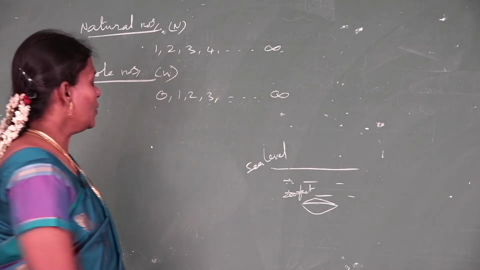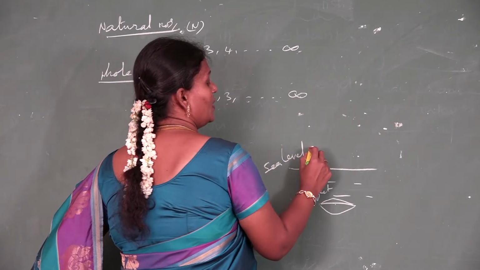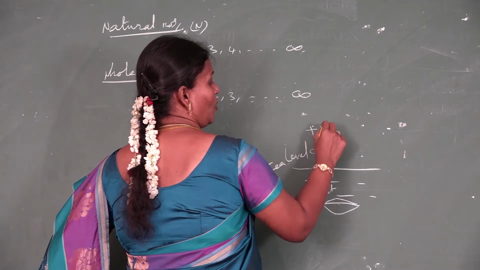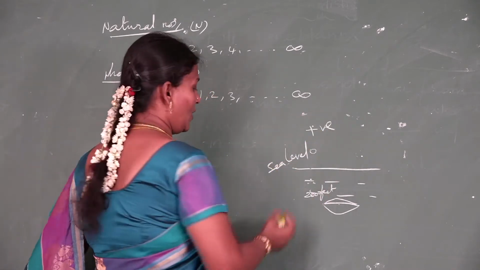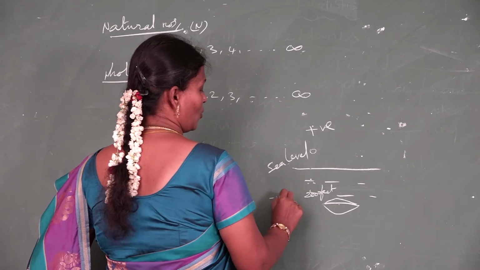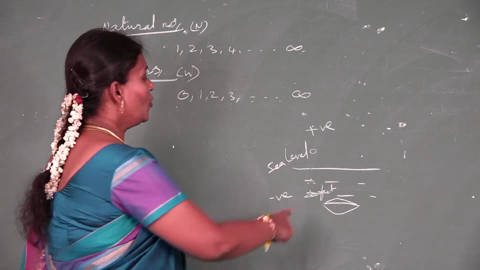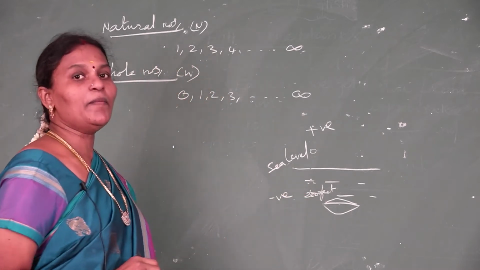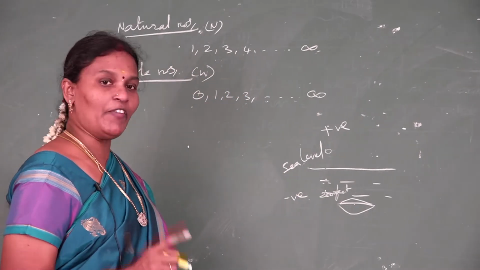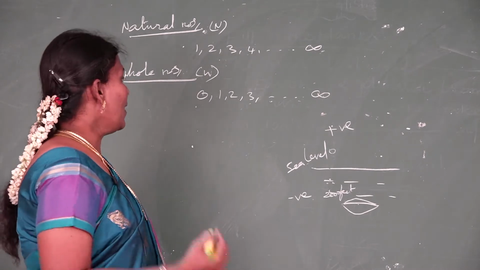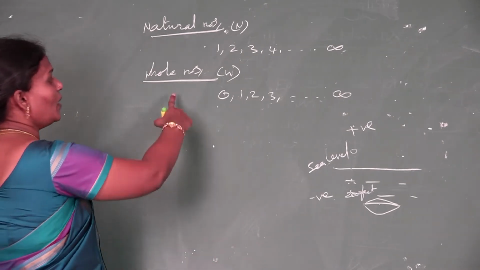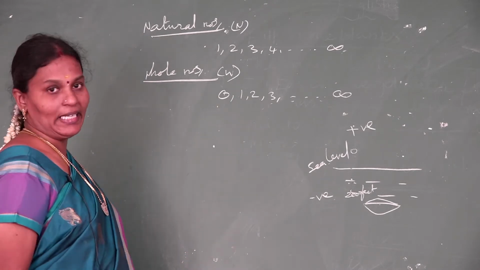Okay? So, the sea level you consider 0. Above the sea level you consider positive. Below the sea level you consider negative. So, 200 feet below the sea level you write as minus 200 feet.